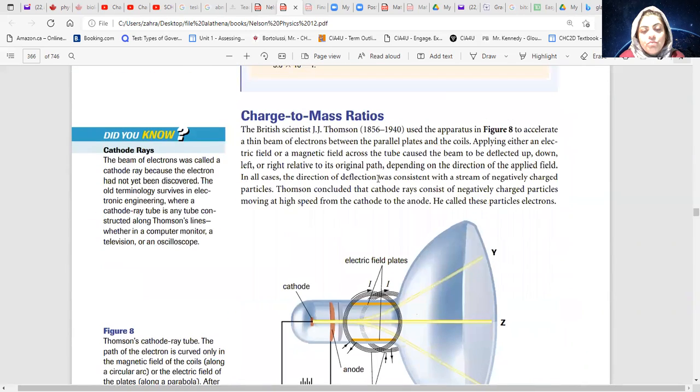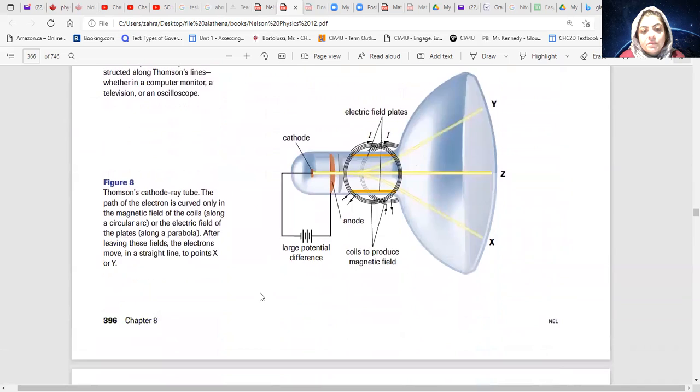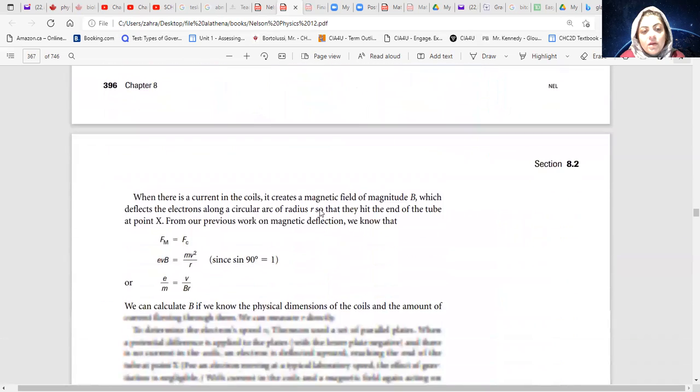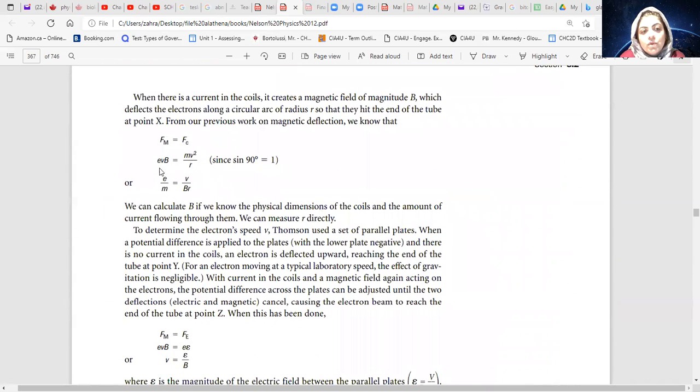So here's the charge to mass ratio. Here's a device where you are firing an electron, giving it a velocity. It will go through the coil. Some of it will pass without deflection, and some of it will deflect. Okay, so it's going through the circular path. So F of m, the magnetic force, is eVB sine theta.